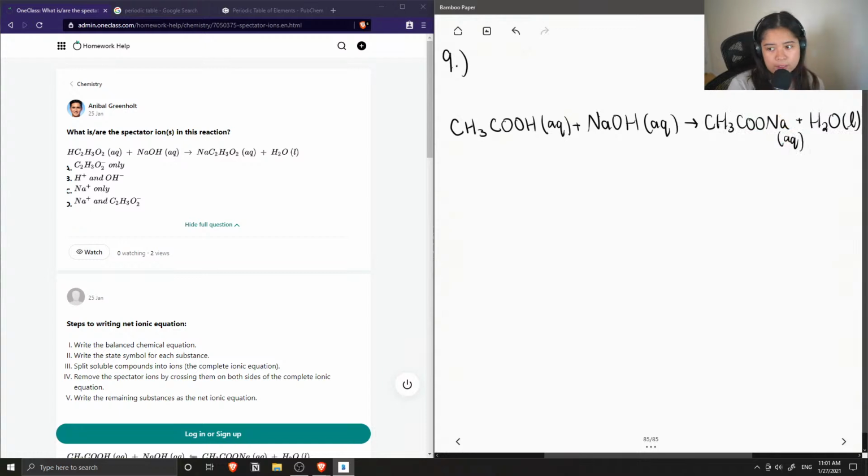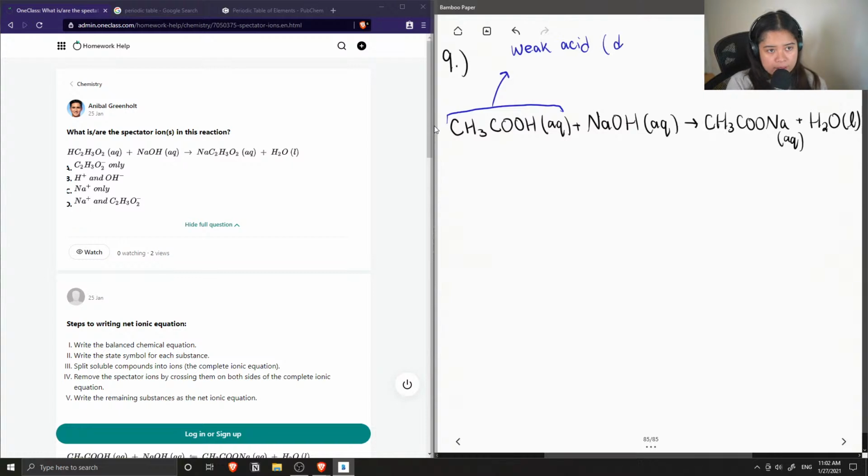And typically, our next step would be to separate these substances into their ions if they were all aqueous and not in the solid or liquid phase. But if we look at our acetic acid, this is a weak acid.